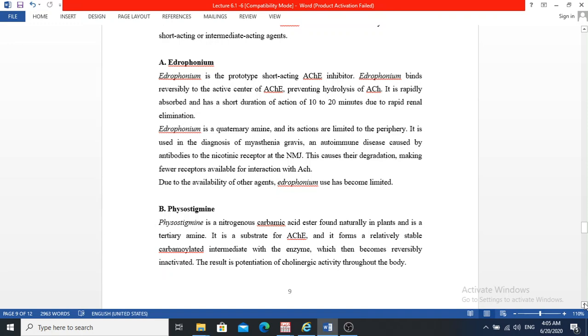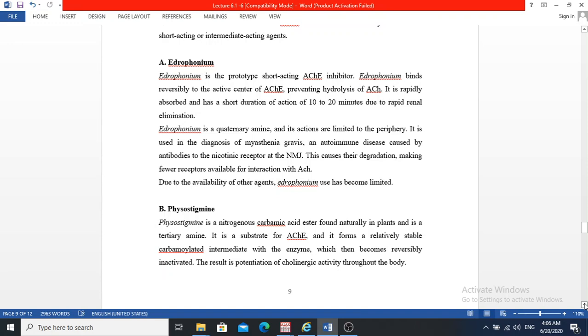Edrophonium is used in the diagnosis of myasthenia gravis, an autoimmune disease caused by antibodies to the nicotinic receptor at the neuromuscular junction.